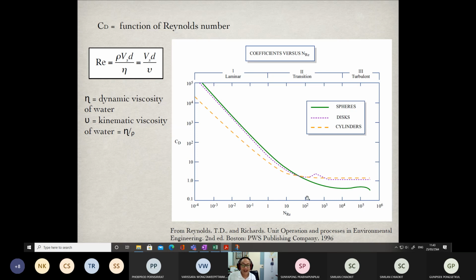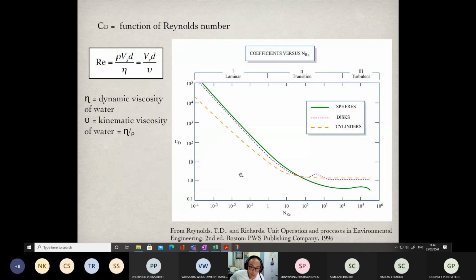You will find that if the Reynolds number is higher than 14, you can expect the spherical shapes to have a coefficient of drag somewhere around a constant.